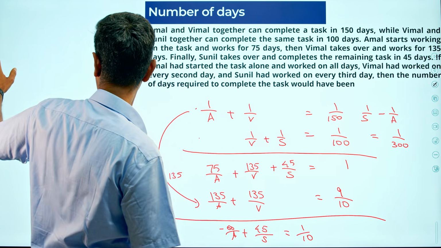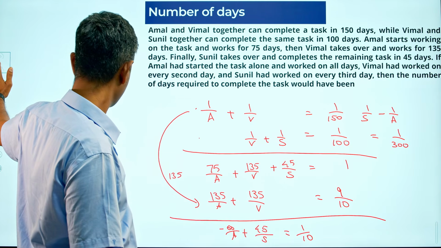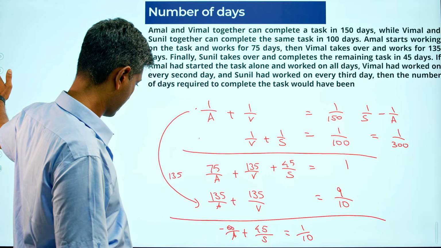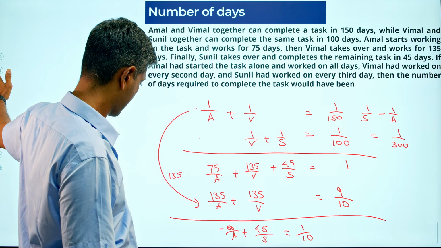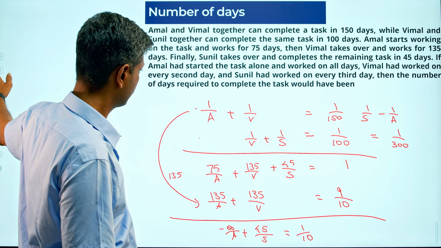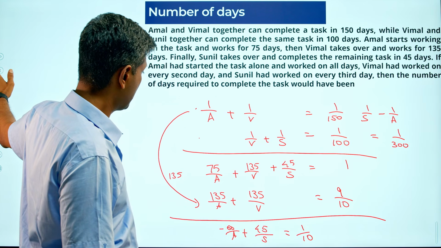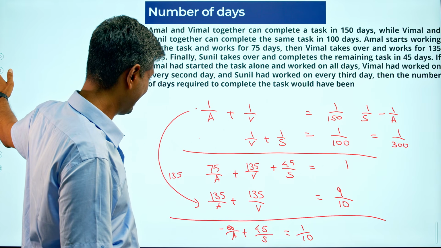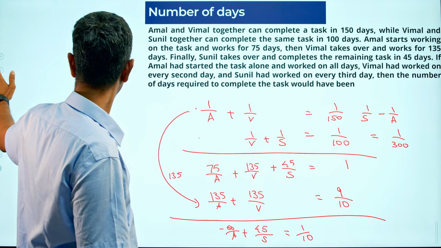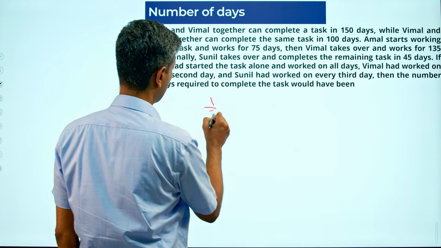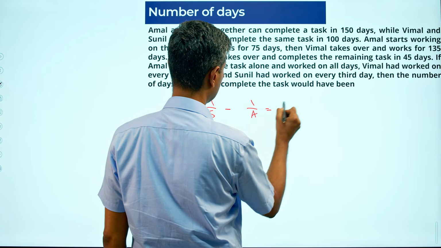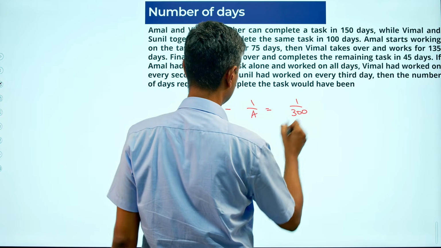1 by S minus 1 by A. Okay, let's do this. 1 by S minus 1 by A is 1 by 300.